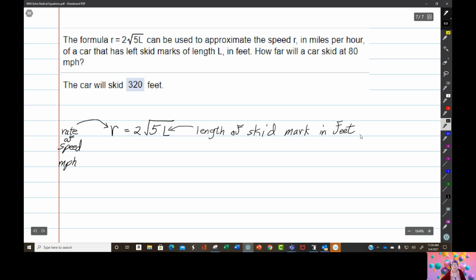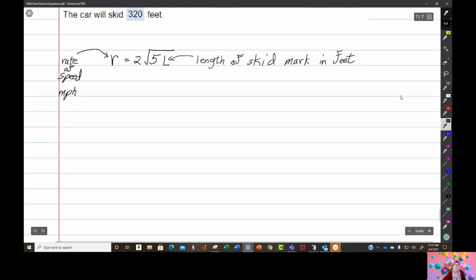Okay. So now they're telling us, how far will a car skid? So they're looking for L. What is L when you're traveling at 80 miles an hour down a local neighborhood street that has posted 30 miles per hour?